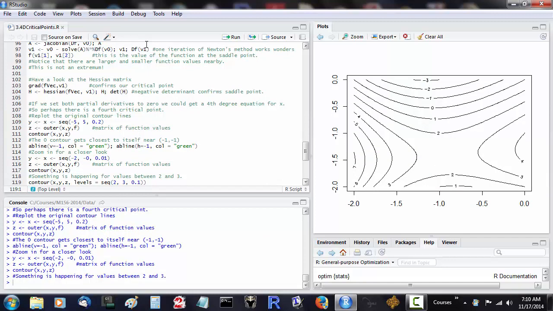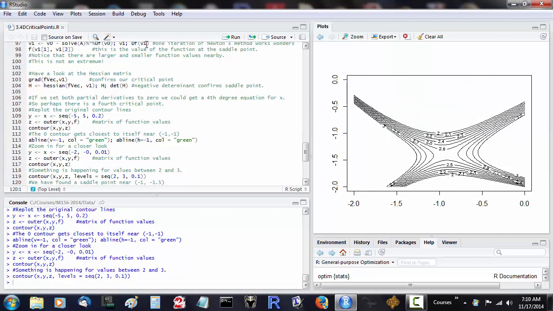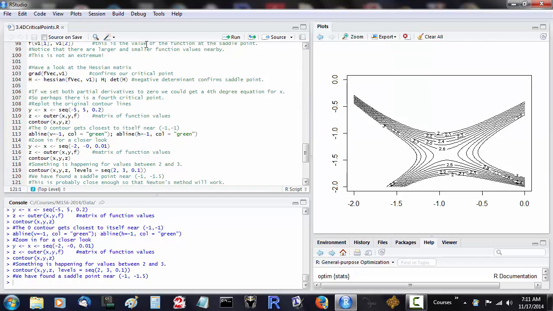Okay, there are the hyperbolas. We have found another saddle point. We can plot contour lines for more function values and figure that the value of the function is going to be somewhere between 2.6 and 2.7, and we can read off the graph the approximate location of the saddle point.